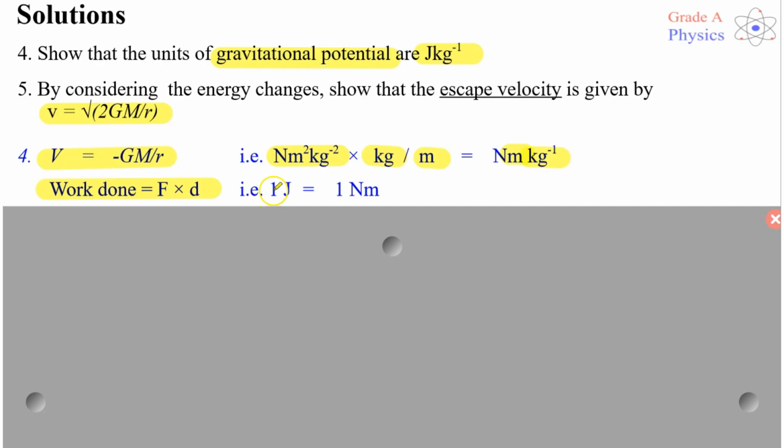F times D is newtons times meters, Newton meters, and work done is basically energy, so we have joules. So Newton meters is joules, joules per kilogram. So by looking at all the units and understanding how Newton meters is related to work done, we can show that the units are joules per kilogram.